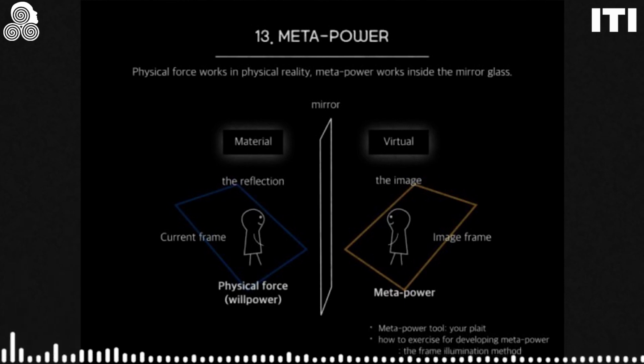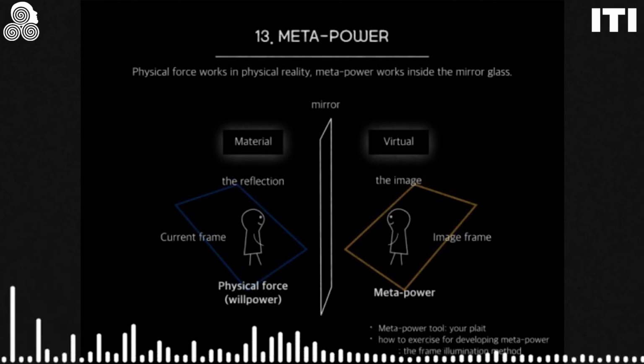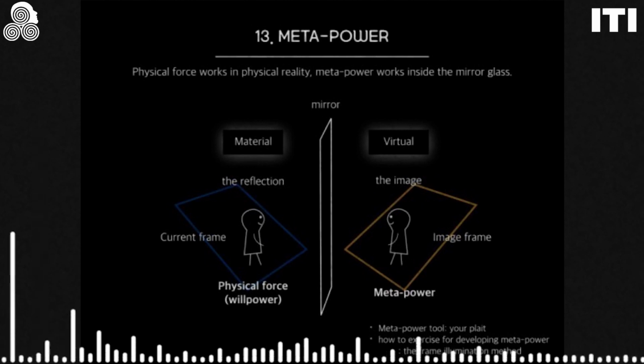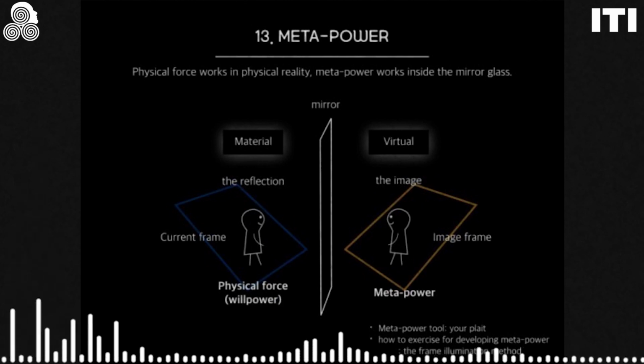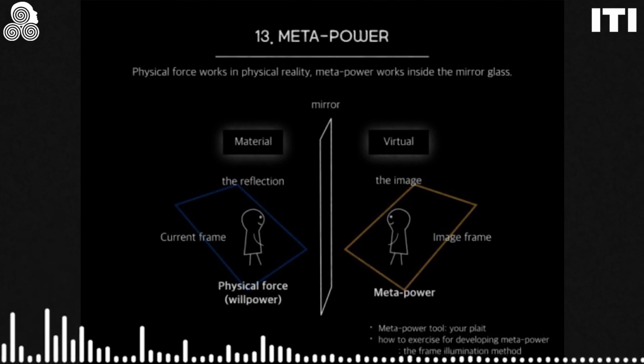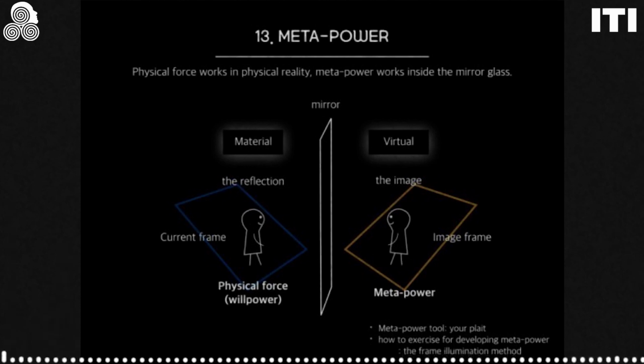So she says here, how to exercise for developing meta power, the frame illumination method. The frame illumination method is you illuminating this future frame that you ultimately want to see come into reality. And you're doing this by playing your slide and activating your plate and using your meta power rather than your physical force.